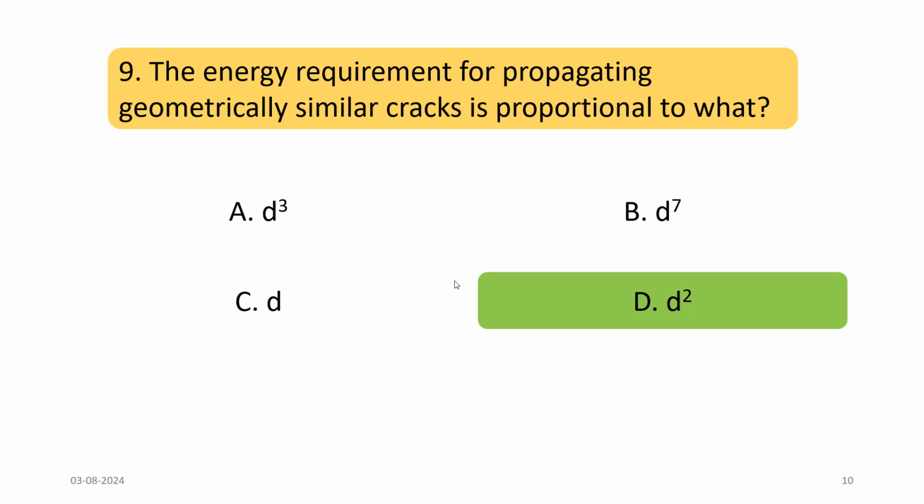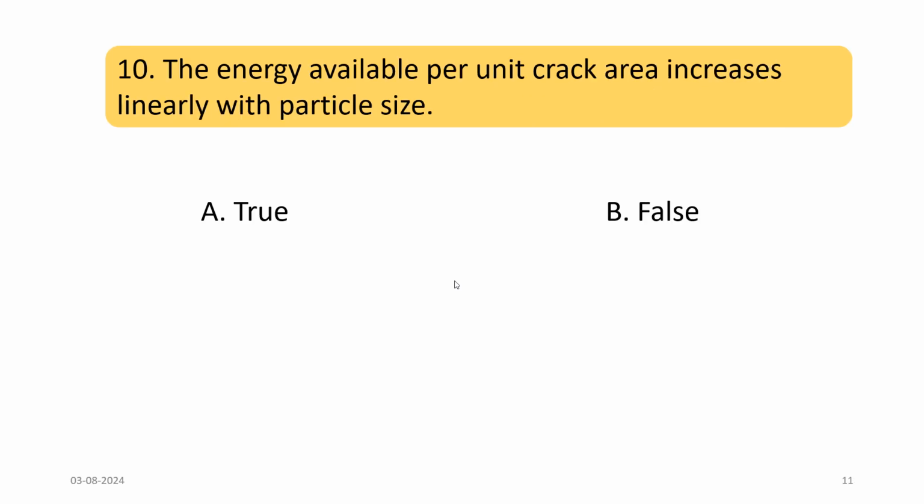If it is a smaller particle, small energy availability will be there, and if it is larger, large availability will be there. So it is dependent on particle size, and total energy storing capacity is dependent on the volume of the particle. Now this is very easy. The energy available per unit crack area increases linearly with particle size, and it is so true.